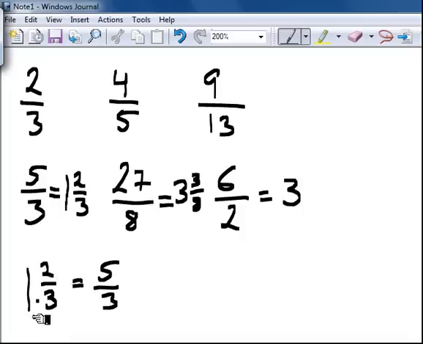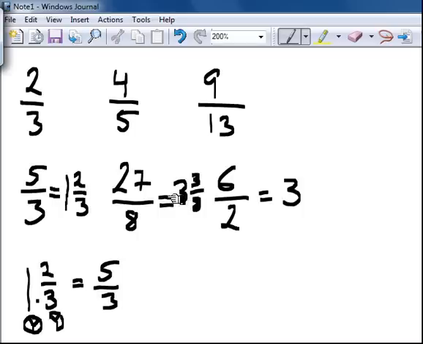Because we have 1 whole, remember, we divide it into 3 equal parts, and then we have 2/3 more. 1, 2 is going to be 1, 2, 3, 4, 5/3.